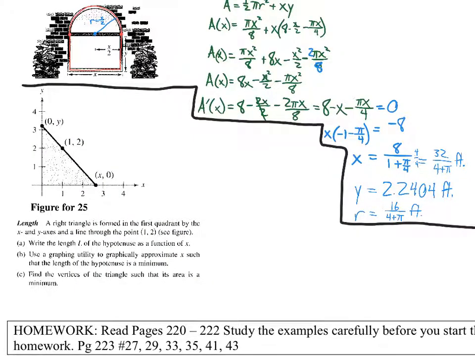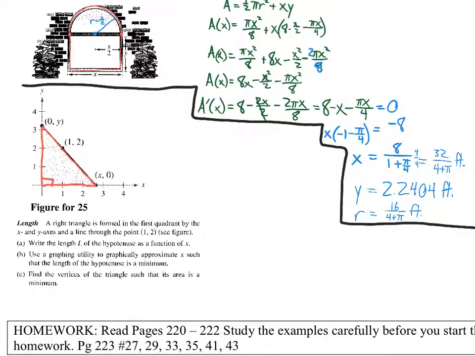Okay, so one more example here. A right triangle is formed in the first quadrant by the x and y axes, and the line through the point 1, 2, as you see up here. So here's our right triangle, and here's our hypotenuse.